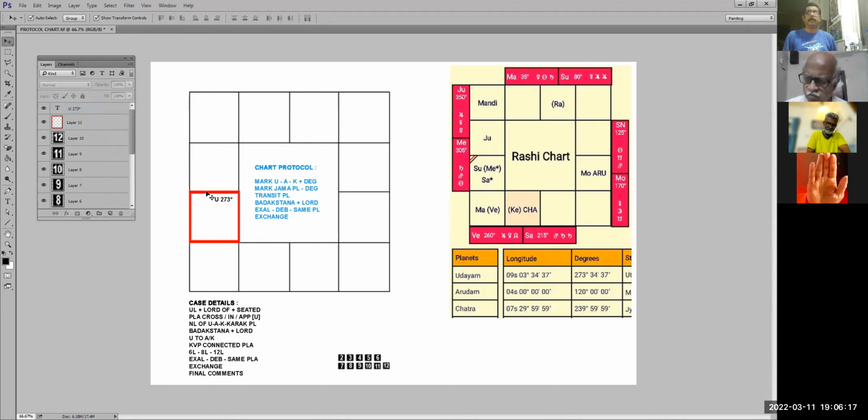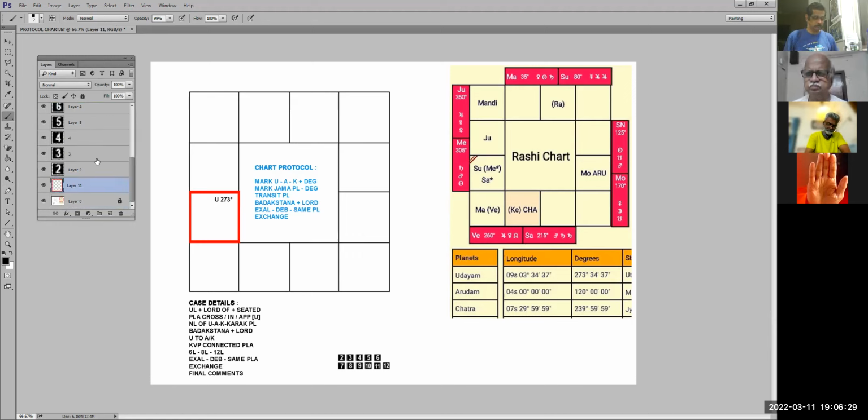Okay. Now what you need to do further, because your app doesn't give you that privilege which my app is giving me. You'll have to mark this 273 over here. Okay, how I'm showing you. So basically what happens is, this is 270, this is 300, this is 330, this is 360, correct?